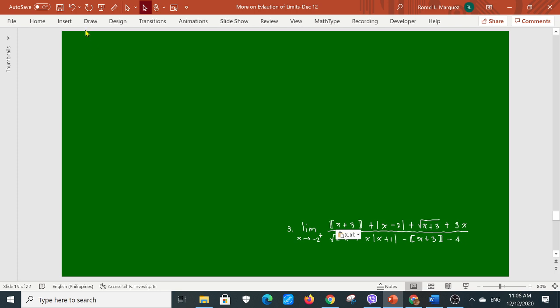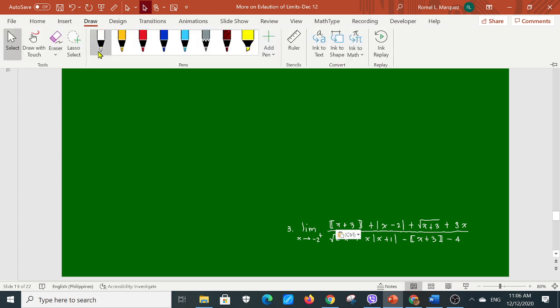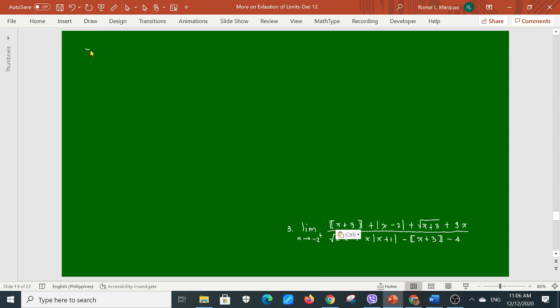So that is equal to, so the limit is equal to what? This limit. Because we can proceed immediately now. So we have the limit as x approaches -2 from the right.